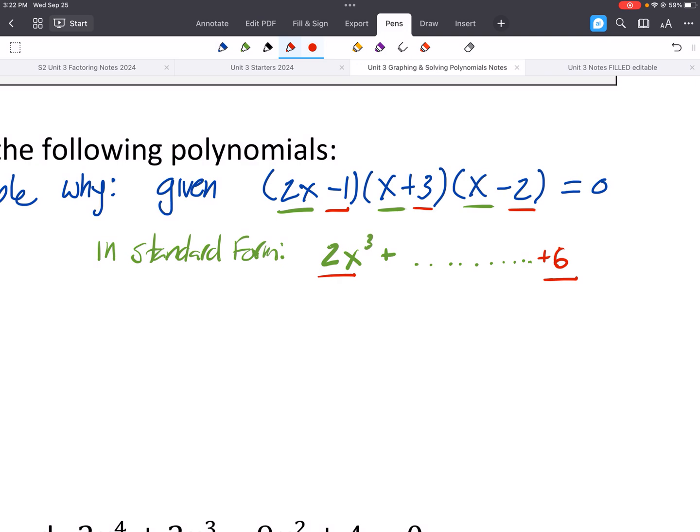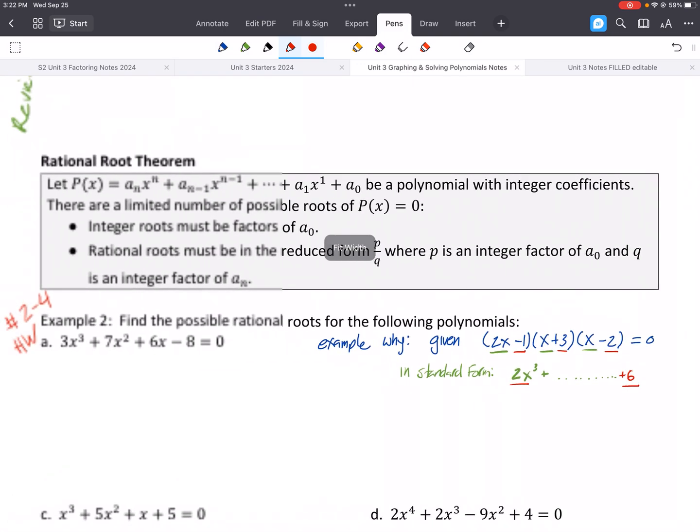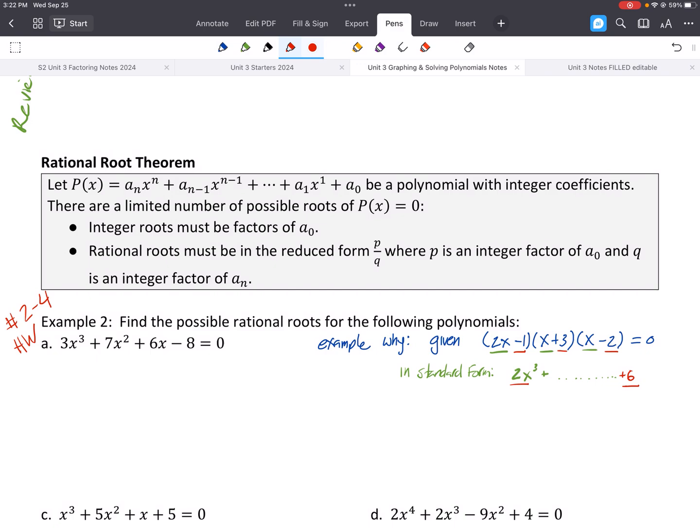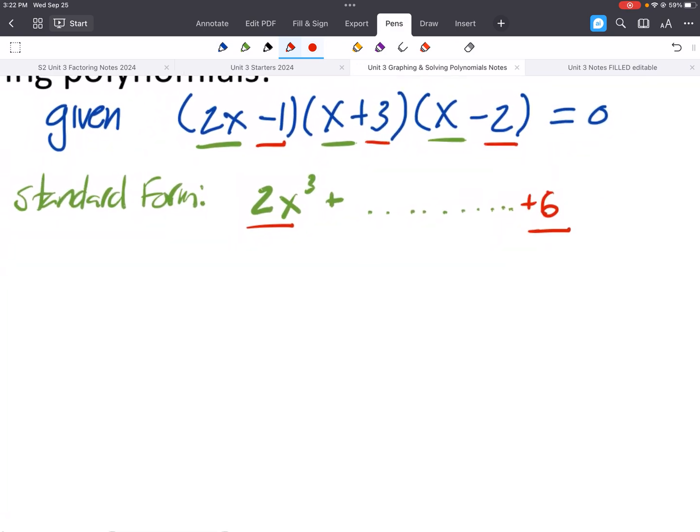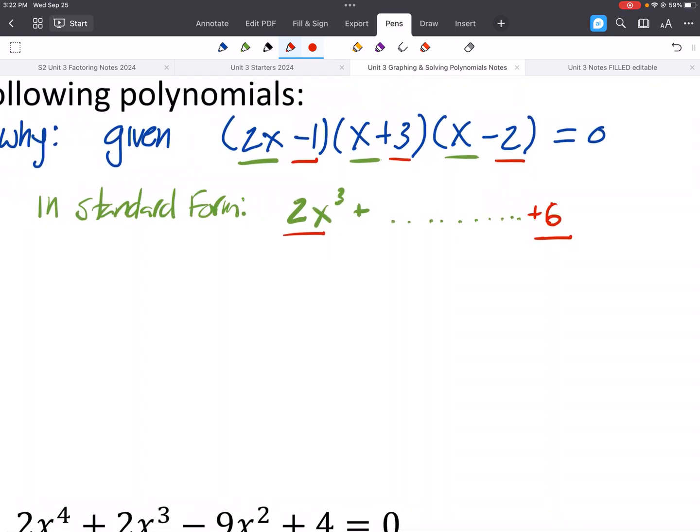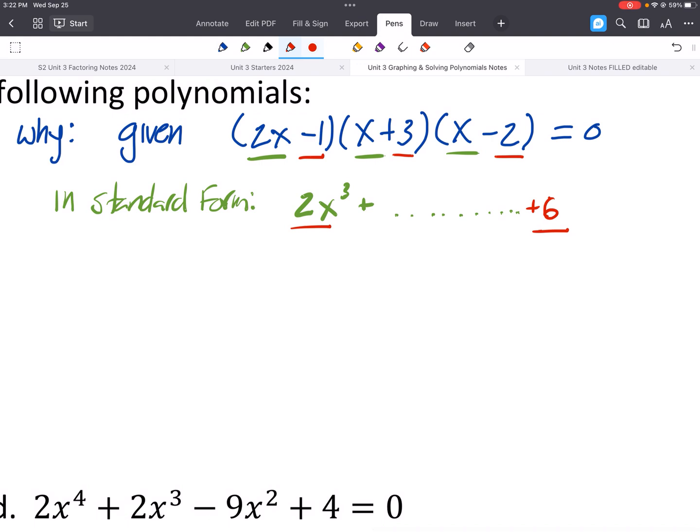The rational root theorem is basically saying that the things that could possibly work are the factors of 6 and the factors of 2. We'll call this one P and this one Q. So the possible roots are the factors of P over the factors of Q.